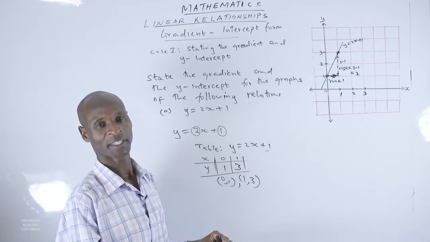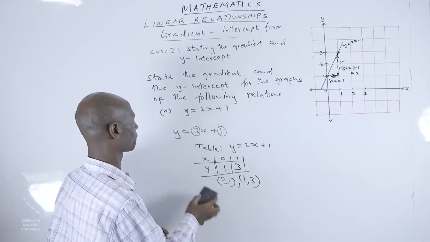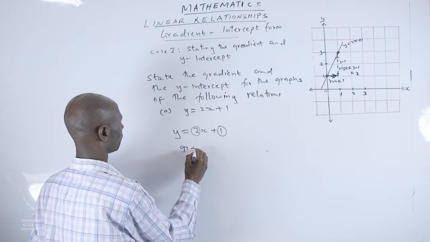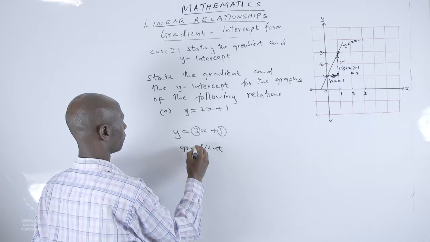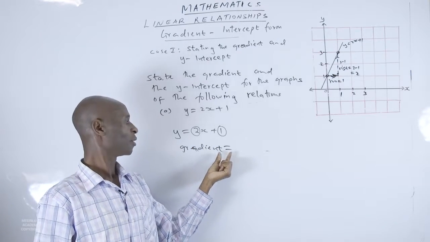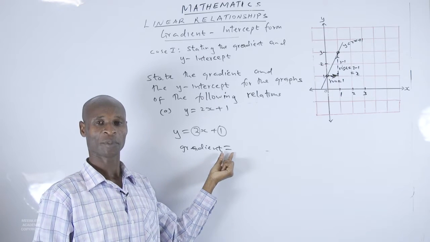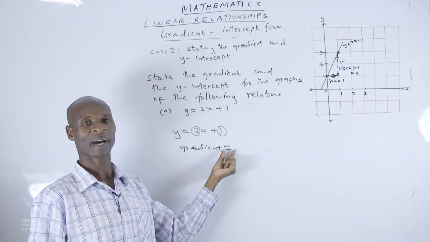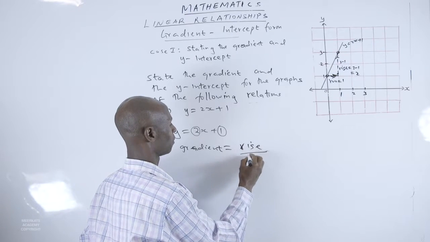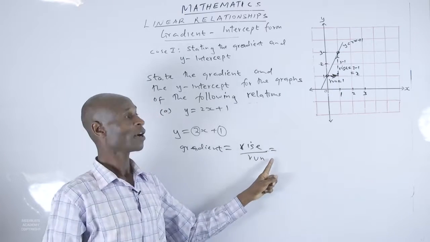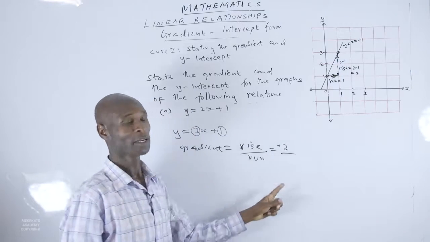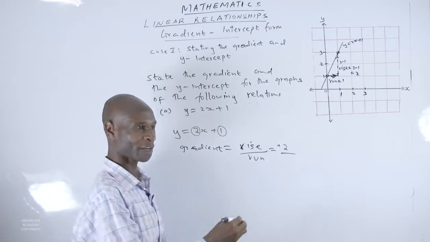So what will be the gradient of that particular line? From our initial formula for calculating gradient, we mentioned that gradient is obtained by taking the rise divided by the run. In our case, the rise is positive 2 and the run is positive 1.